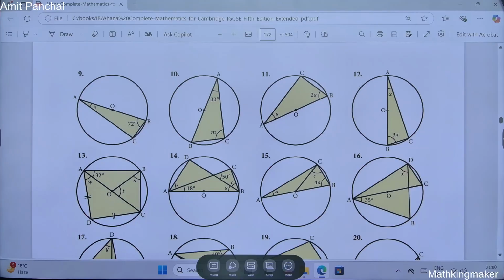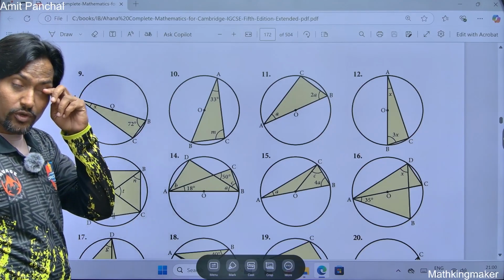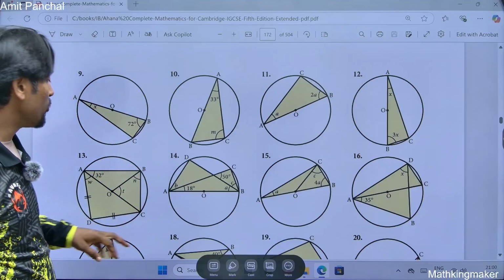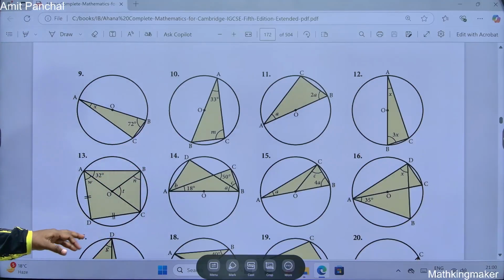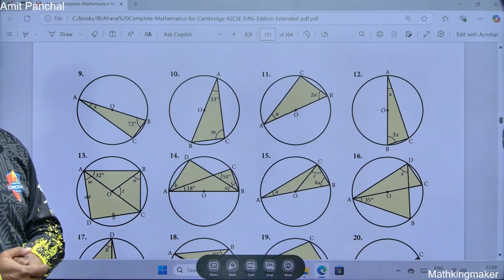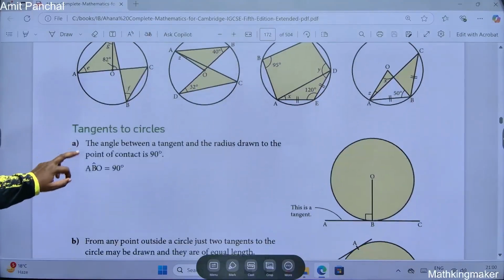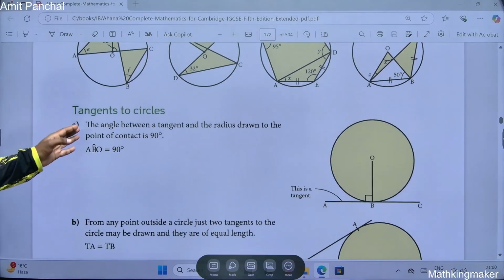You can do questions from your book also. Just try it from your book. If you want to try it from my book also, I can send you the PDF. I think tangent to circles is not in your syllabus?